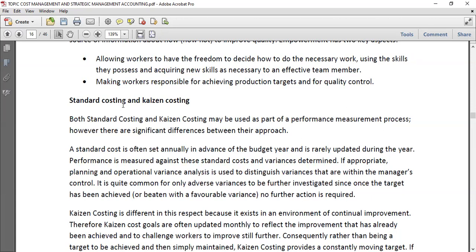Remember, standard costing is about setting targets and measuring itself on what we have achieved, okay? Basically the variance analysis approach. Now, Kaizen says that our focus should not be on the target that we set, okay? Let me give you an example.